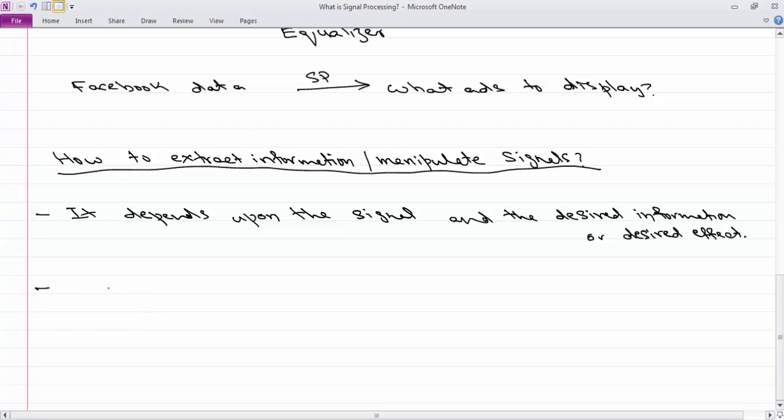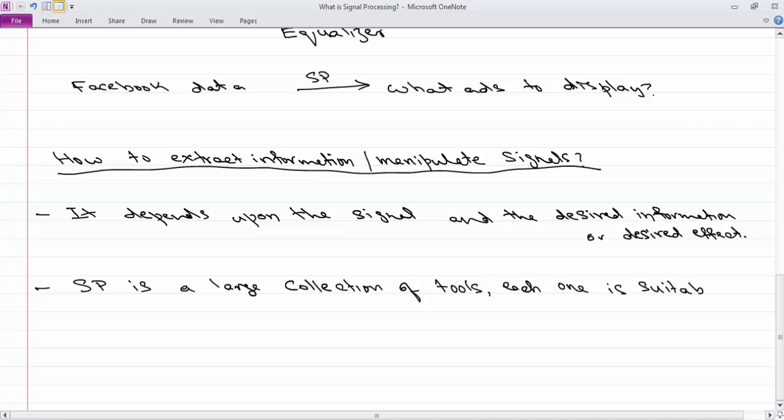So broadly speaking, we can say that signal processing is actually a large collection of tools where each one is suitable for specific tasks and specific types of signals.